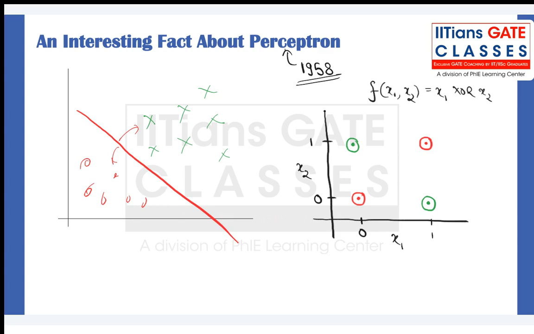So he argued that we are talking about a very revolutionary research work done by Frank Rosenblatt, but that work can never find a model that can estimate this data. So how can I be sure that it will be able to do it for large data sets?